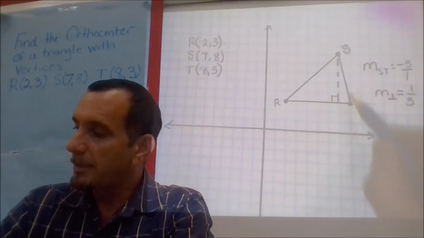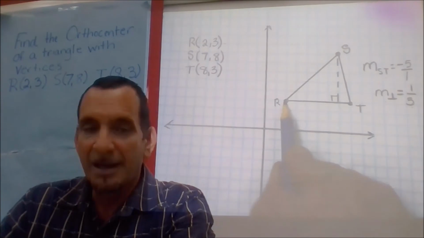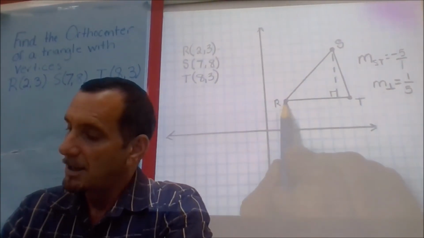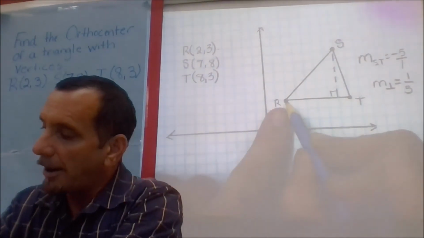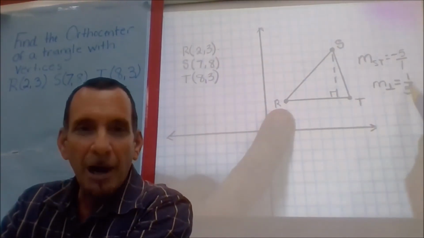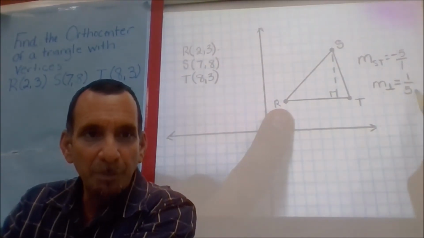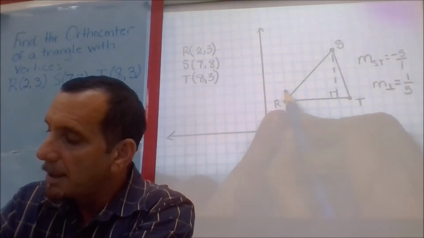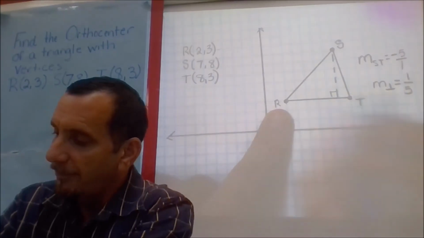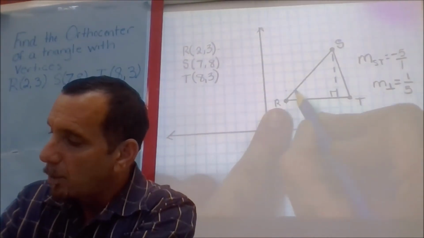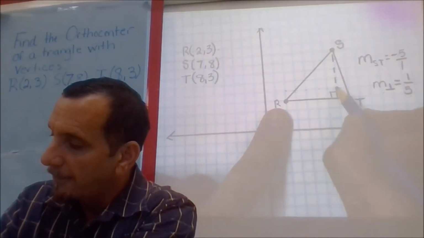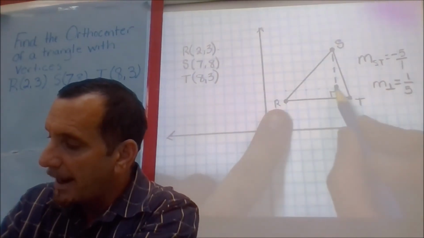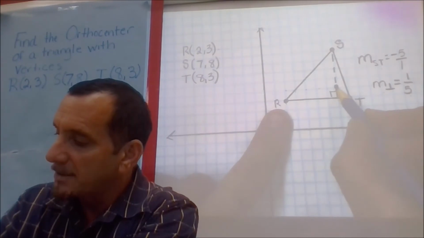So I was talking about the slope of ST. I would like to start at the opposite vertex. So I'm going to start at R, and I'm going to use my rise over run of my perpendicular slope to ST, and I'm going to get up 1 over 5. Rise 1, 1, 2, 3, 4, 5. Ooh, it looks like it's already hitting that altitude. I'm going to do it one more time.